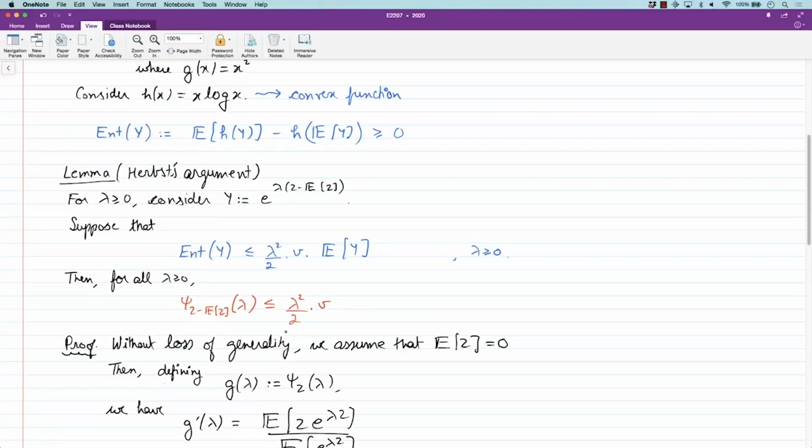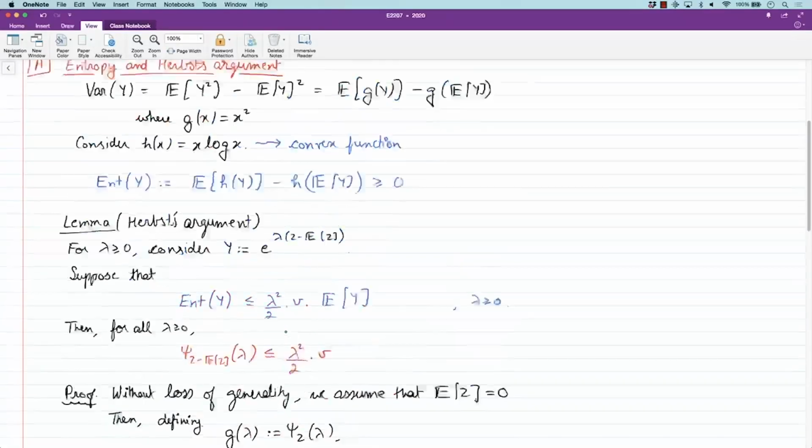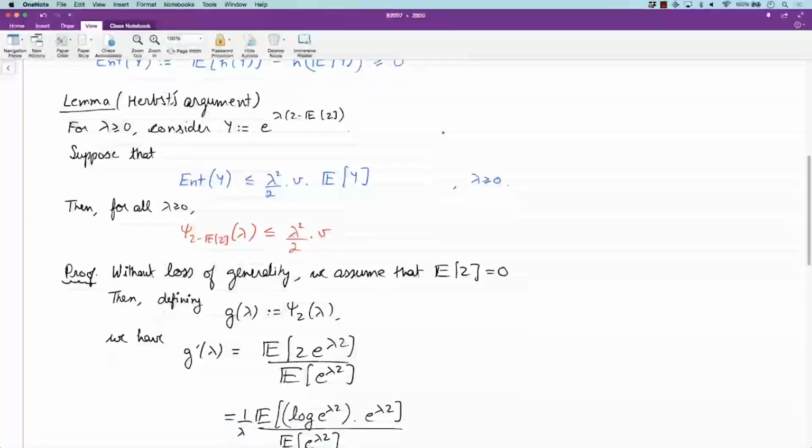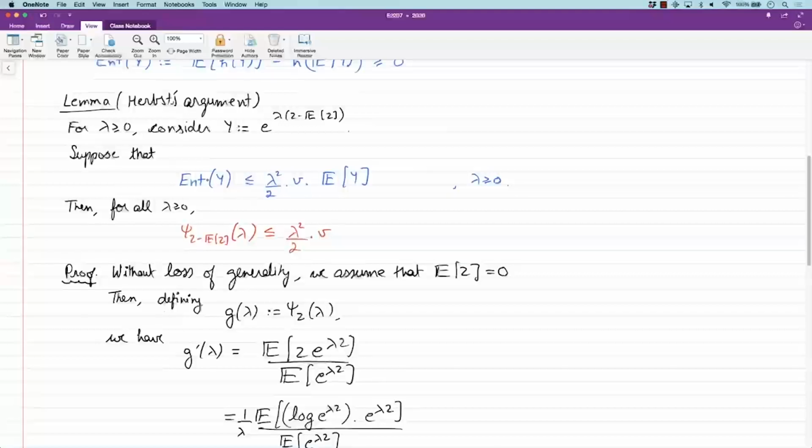But this is only the first step in our general recipe for deriving concentration bounds. The second step was a tensorization bound. In particular, we used the Efron-Stein inequality to establish the corresponding tensorization bound for this functional inequality. And now what we need is some argument that can tensorize this condition, that entropy of y is less than or equal to lambda square by 2 times v, expected value of y.